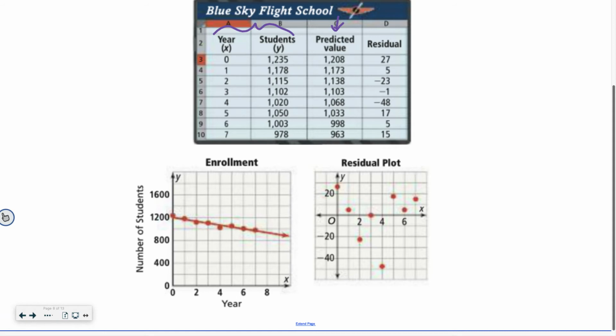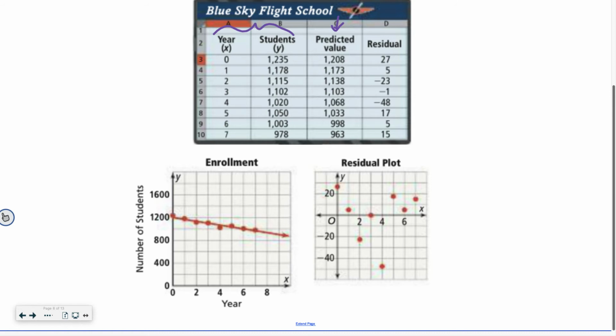So if we look at this residual plot, we can see that it shows the residuals, so all of those points are randomly located above and below the x-axis, right? There are some above, some below, and they are clustered close to the x-axis, okay?